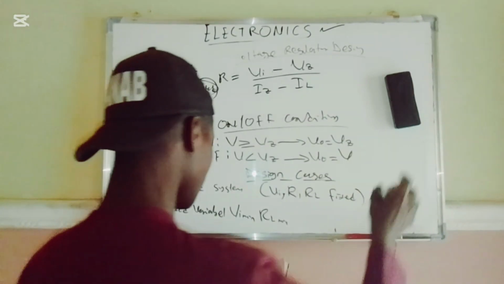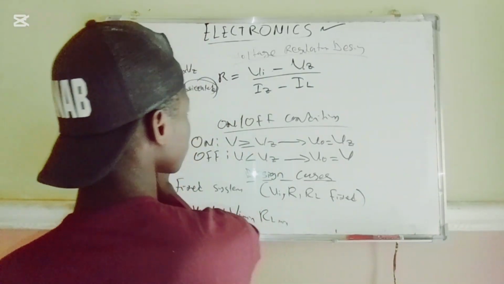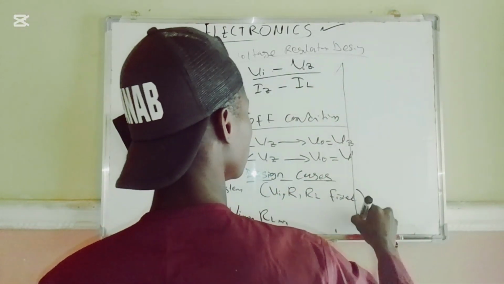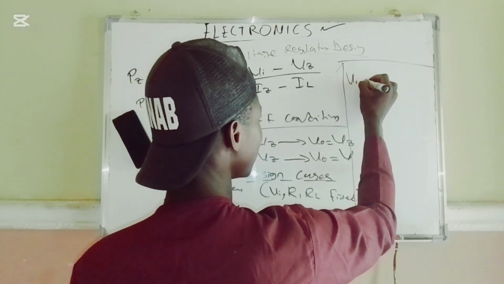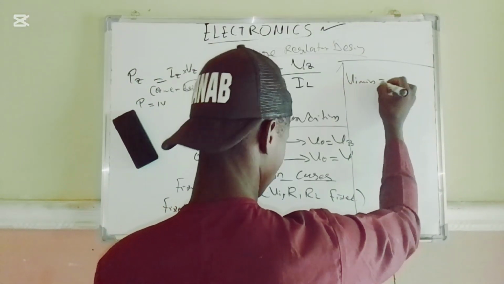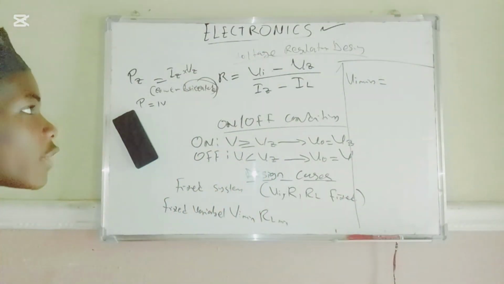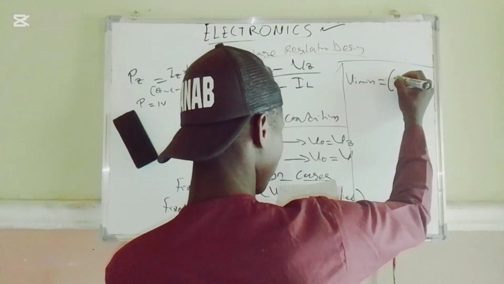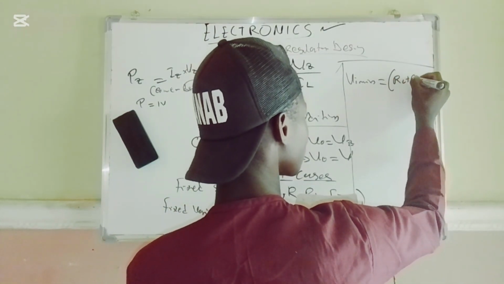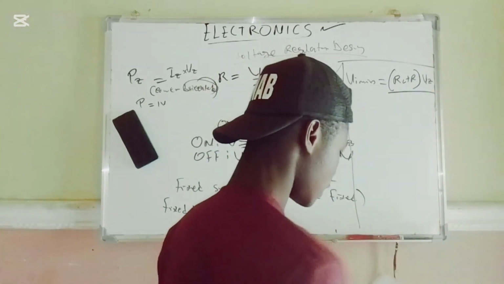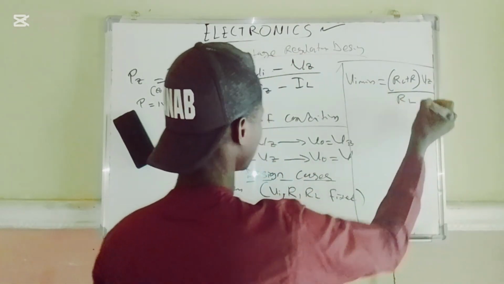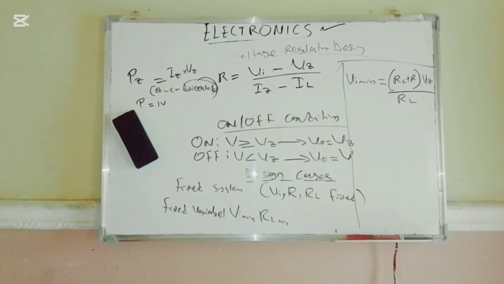Let's see each of the formulas. I am going to start with Vi minimum. Its formula is RL plus R, multiplied by VZ, divided by RL.